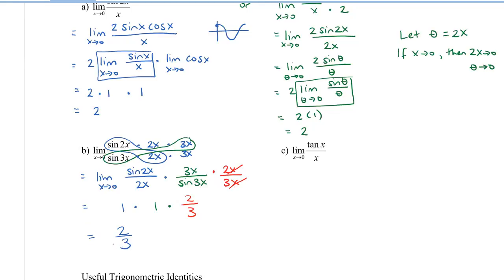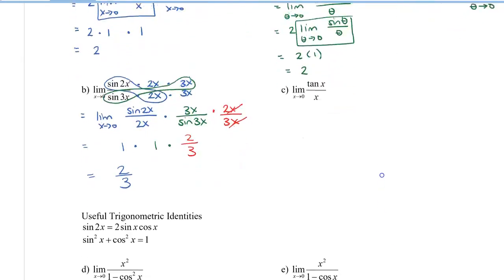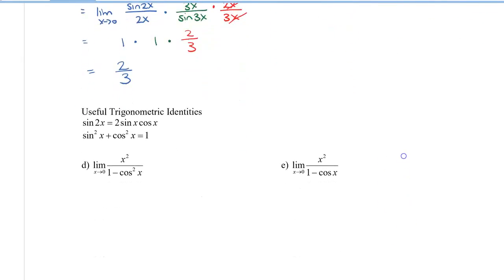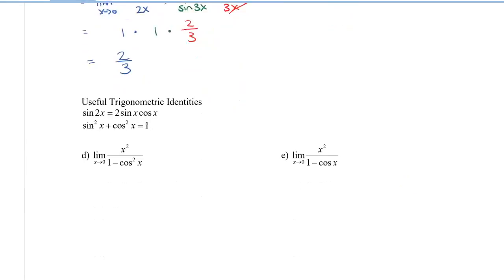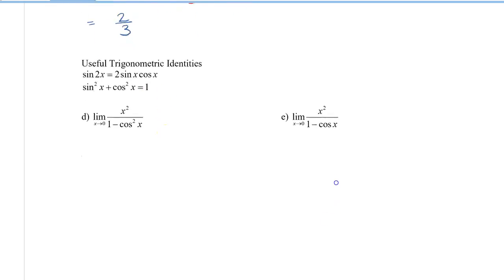All right, I want to show you one more. This one, part C, we can look at in class. Now to do this one, in case you've forgotten, there's a couple of useful trig identities. We're going to apply the second one here, sine squared x plus cos squared x equals 1, the Pythagorean identity. I can rewrite this as over x squared as x approaches 0.